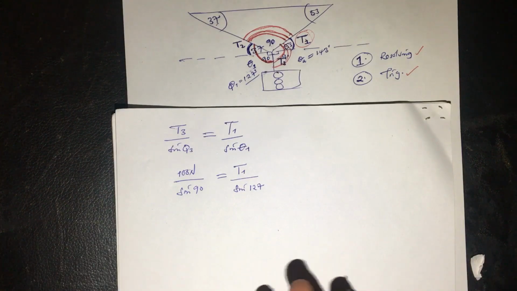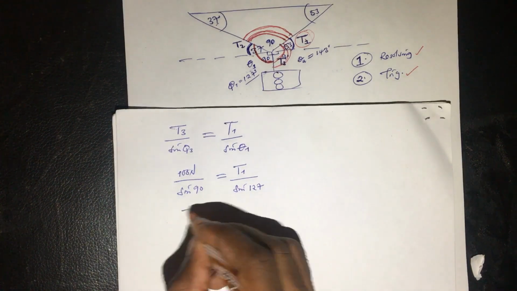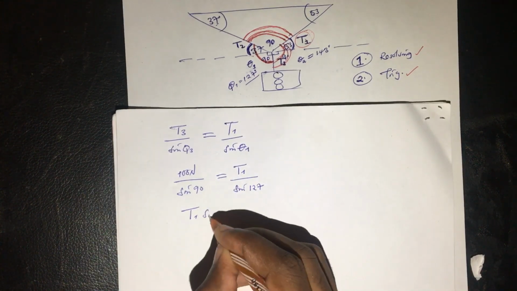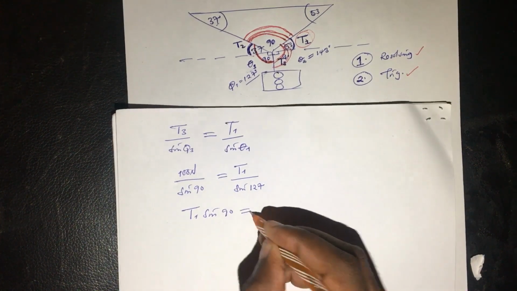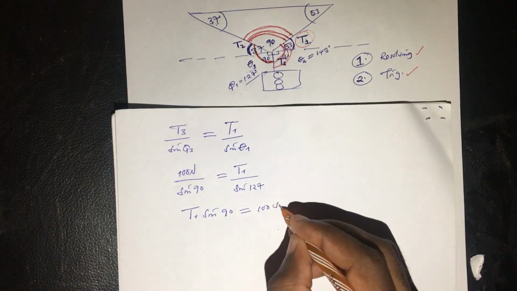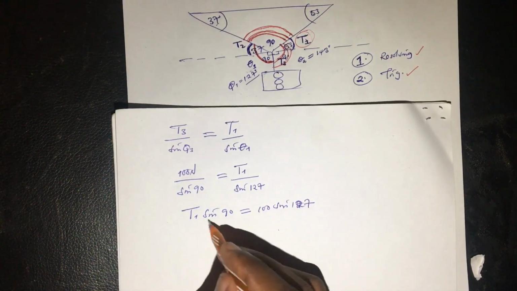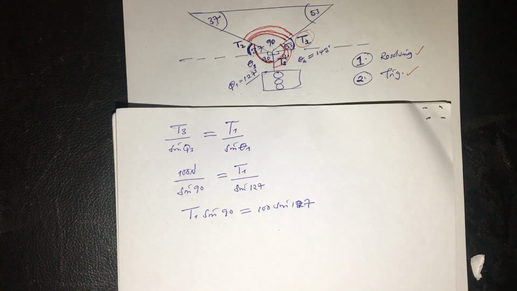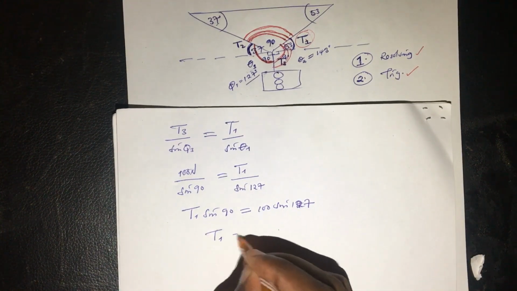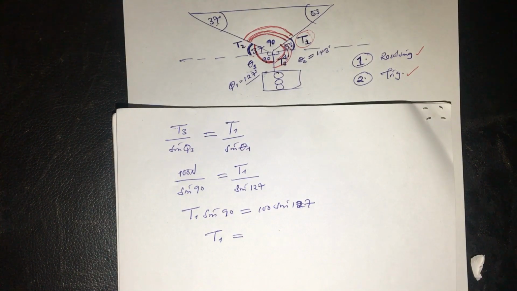From there we do the cross multiplication and make T1 the subject. So T1 sine 90 is equal to 100 sine 127. We know that sine 90 is 1, so T1 is equal to 100 sine 127.